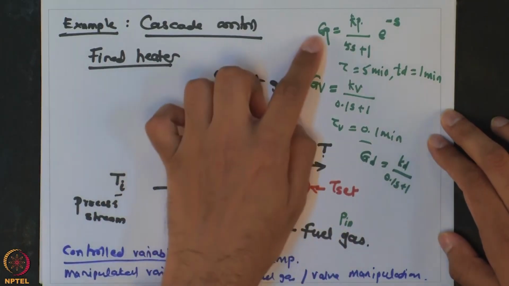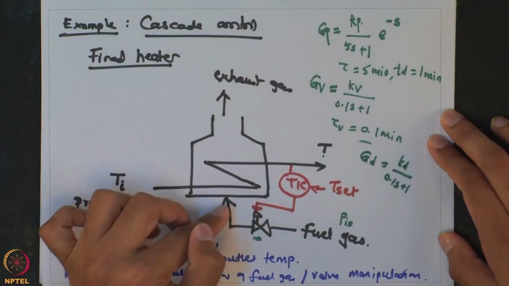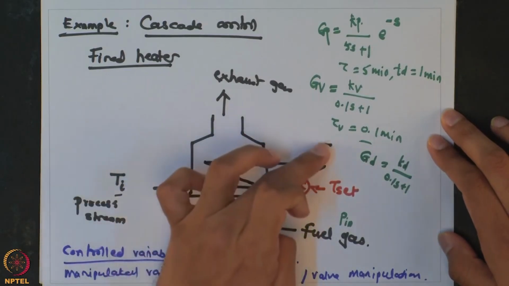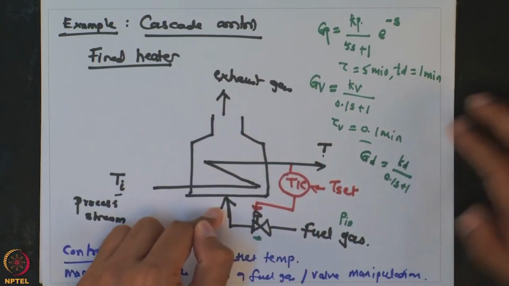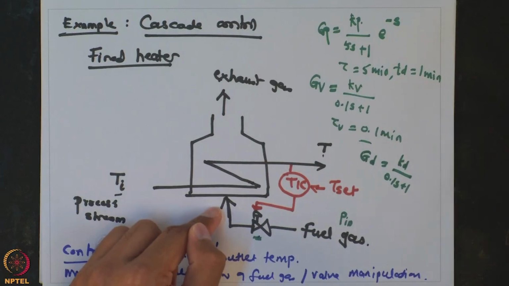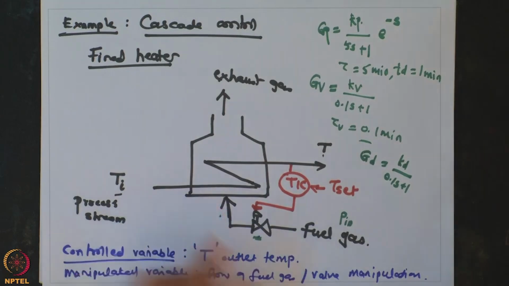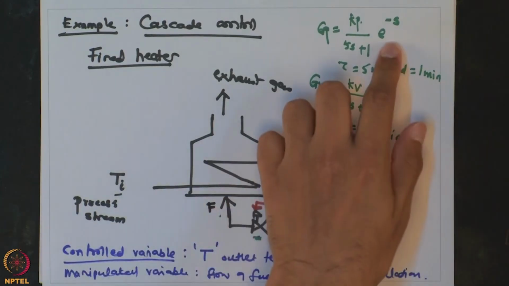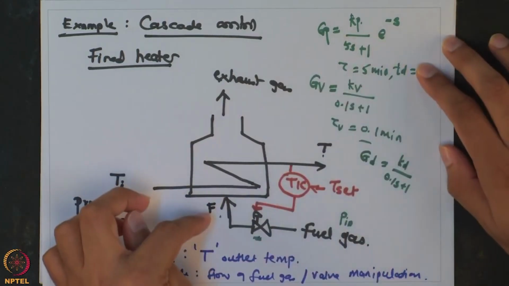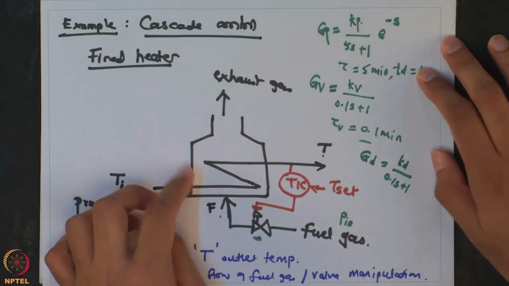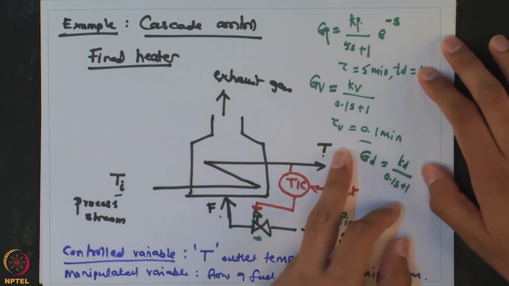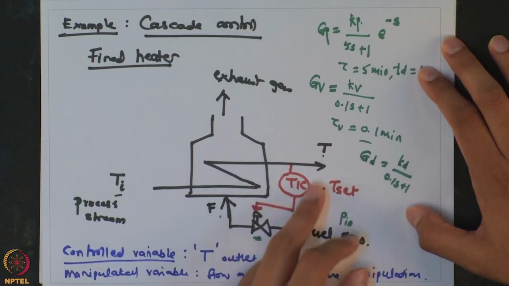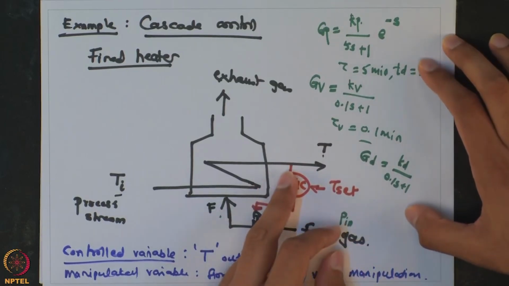However, if you look at the process transfer function, which is the transfer function between this outlet temperature and fuel flow, let me represent it as F. So, it has a dead time of 1 minute. So, even after the flow has increased, up to 1 minute this temperature will not show any effect. So, the feedback controller will not take any action up to that point.